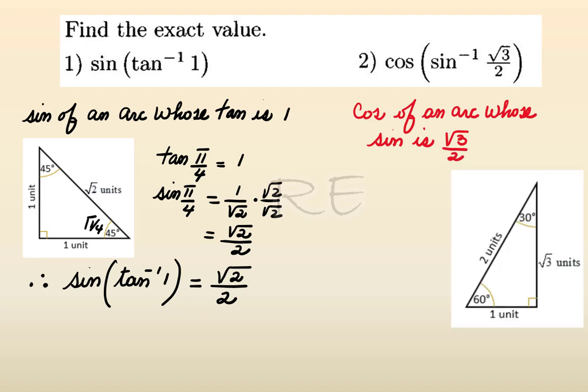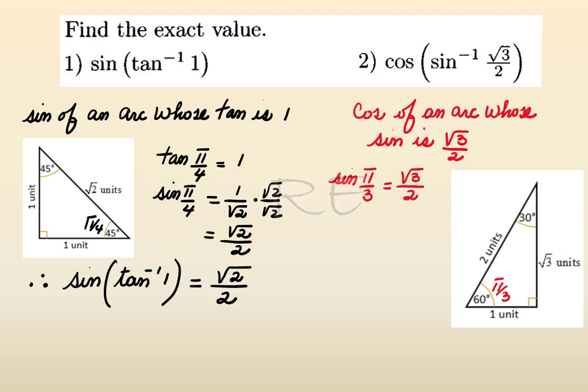From the reference triangle, 1, 2, square root of 3, pi over 3 has a sine of square root of 3 opposite over 2 hypotenuse.